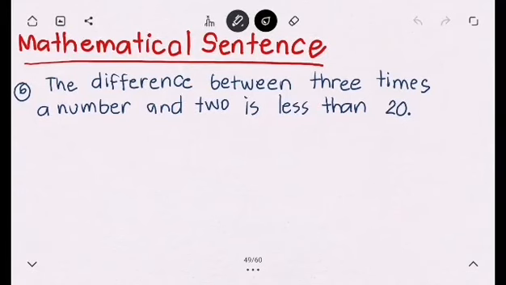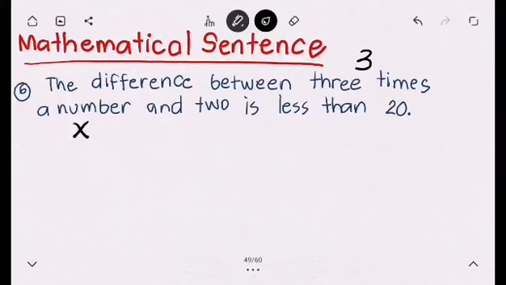Okay, so for our sixth sentence, we have the difference between 3 times a number and 2 is less than 20. Meron na tayo kaagad clue na hindi siya equation, kung hindi siya inequality. So analyze ulit natin. The difference between 3 times a number. Yung number is x.